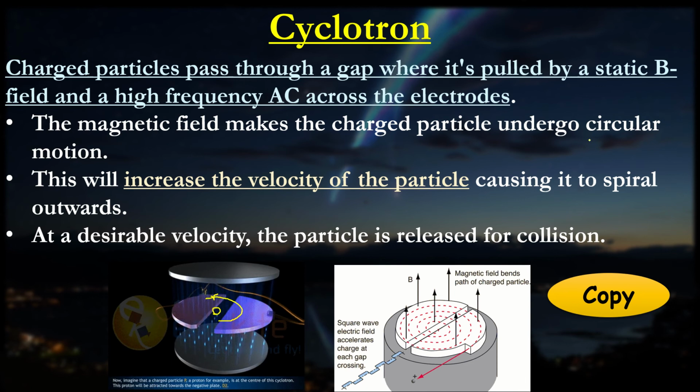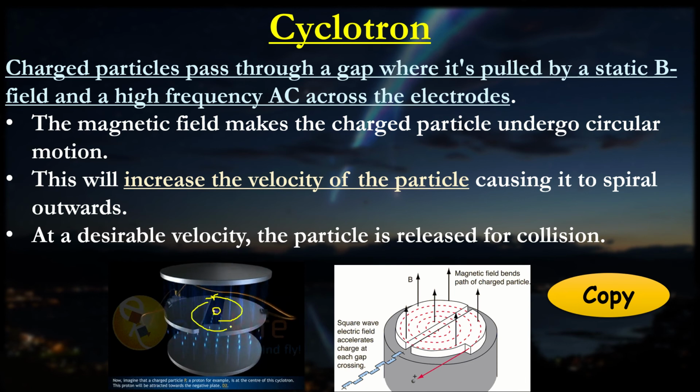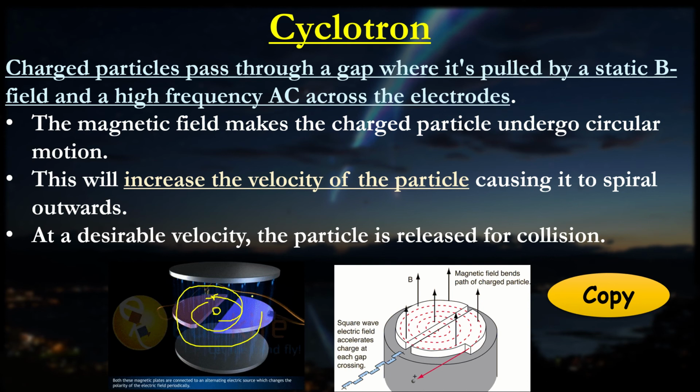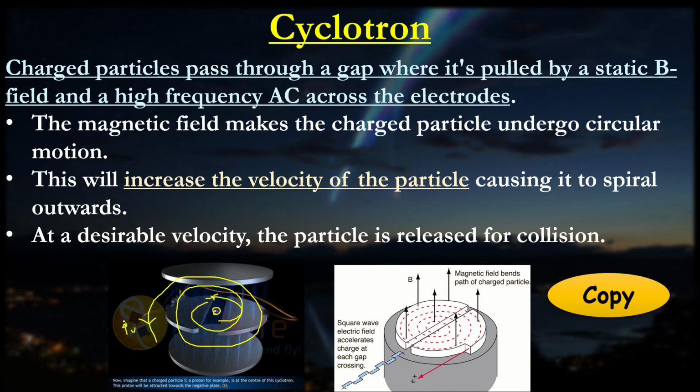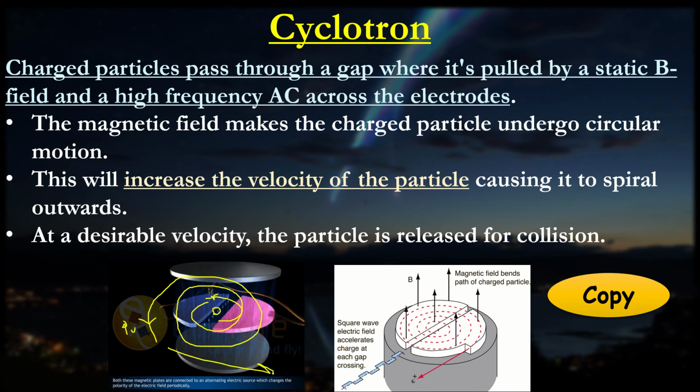The magnetic field is also going to cause it to go in a circular motion, so it's going to spiral out as the velocity increases. Once it reaches a desirable velocity, the particle is released for collision.